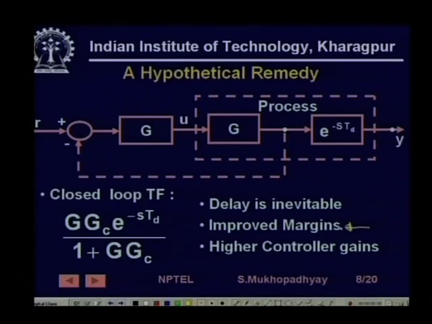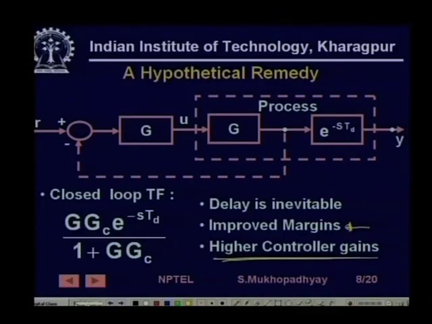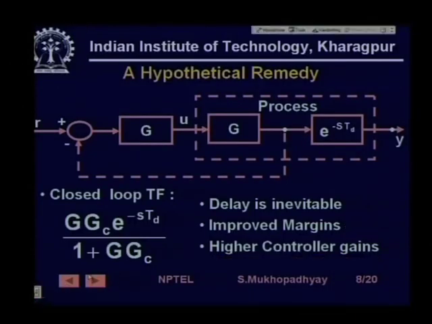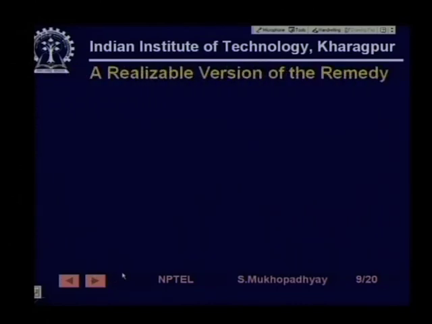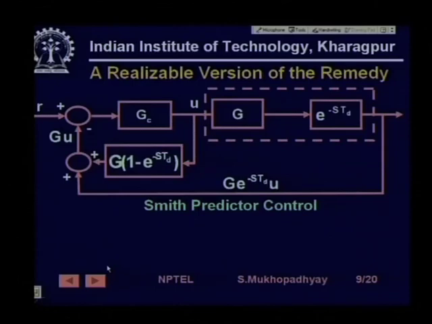My margins would not degrade, and therefore I can use high controller gains so that I can improve transient response without worrying about the additional stability constraint imposed by the delay. So that is the problem. Then how am I going to do this? To do this, let me put a so-called realizable version of the remedy. So now what I am going to do is this.